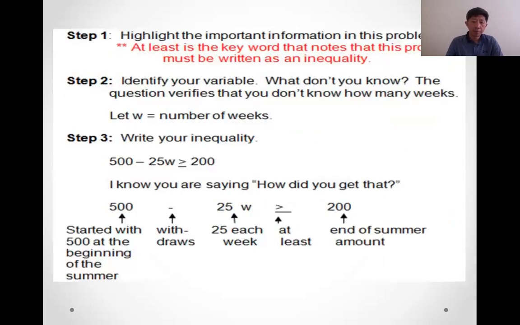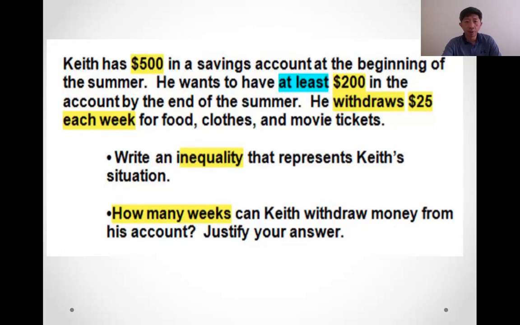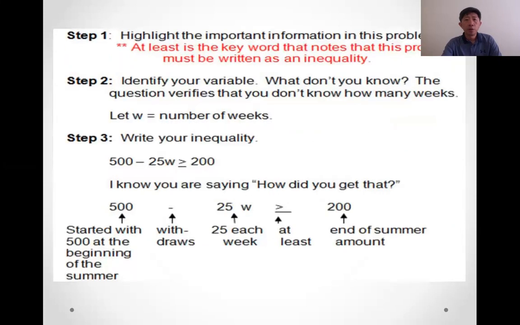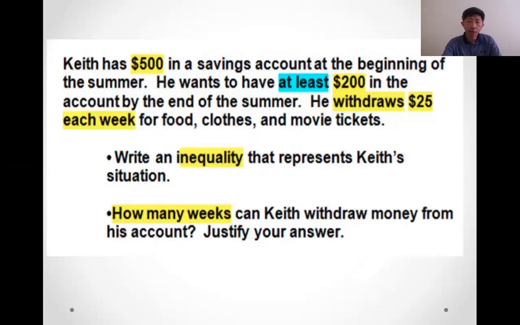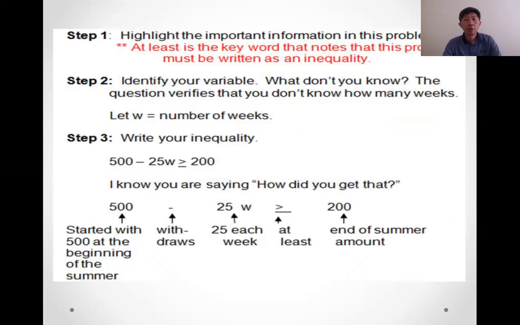Here is a step, okay? And I already highlighted these important numbers here, okay? So once you have a word problem, you just highlight the keywords like this, okay? Now, let's say step 2 here, let W be how many weeks, right?